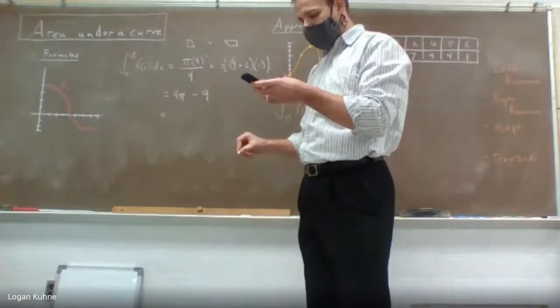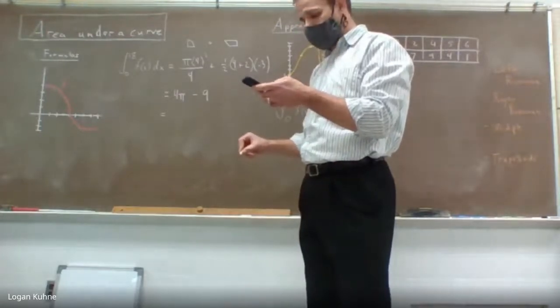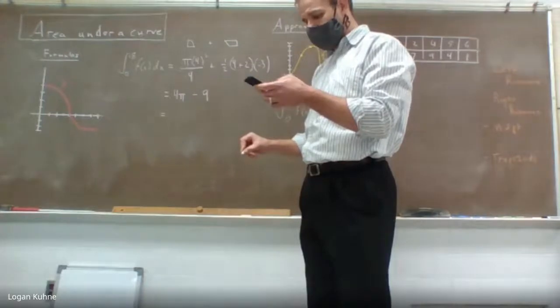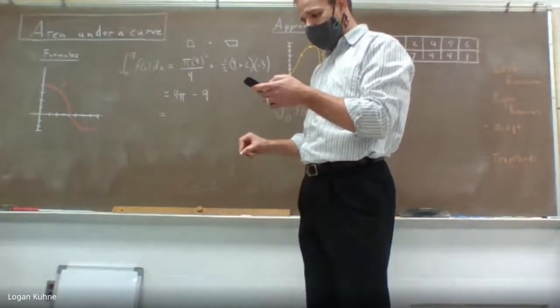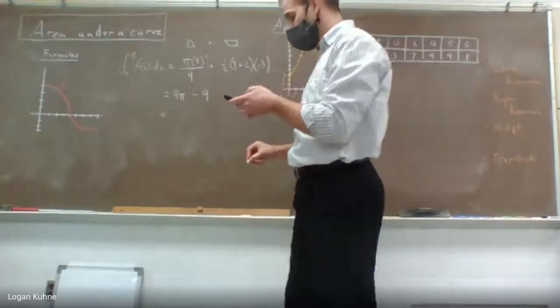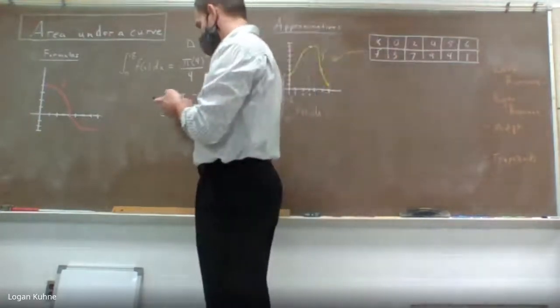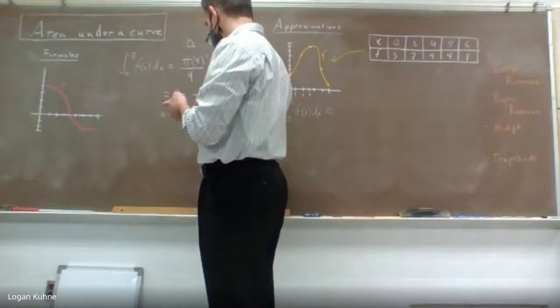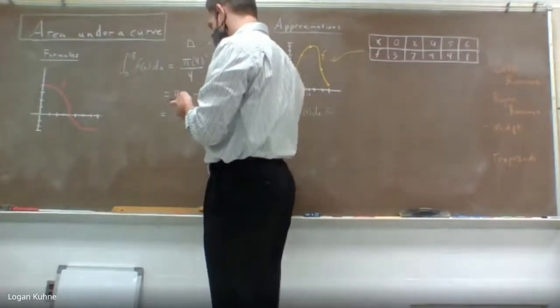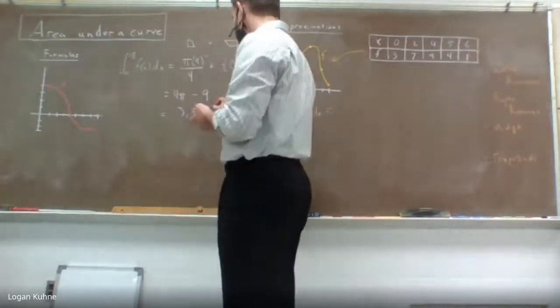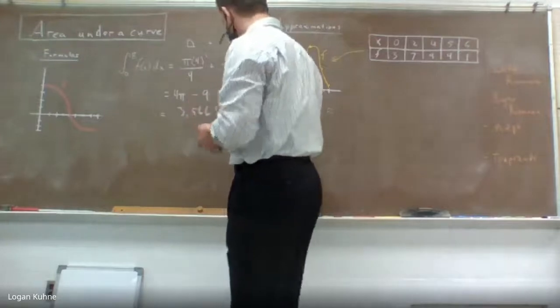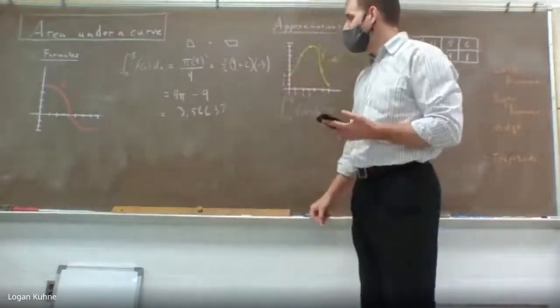All right, let's see. No, it's not. 4 times pi -9. So if we do this all together, it's going to be 3.566. And you can have extra decimals, 3, 7, 0, 6, blah, blah, blah. Okay.